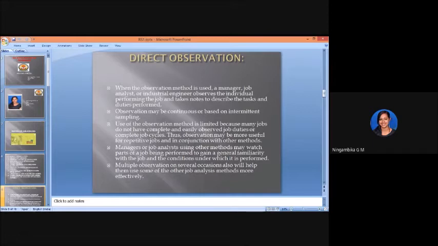Observation may be continuous or based on intermittent sampling. Either they'll go directly and continuously check it, or it is based on some samples collected. Either the team members will go and conduct the observation, summarize the things, and take the details. Use of the observation method is limited because many jobs do not have complete and easily observed job duties, because it depends upon which particular post has an opening.